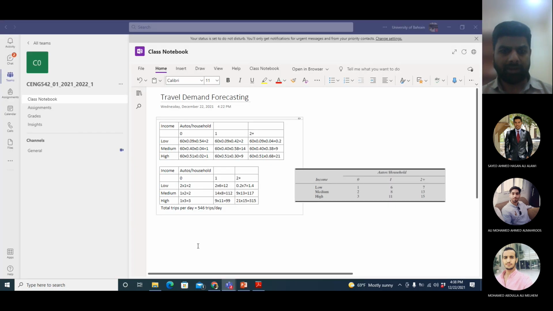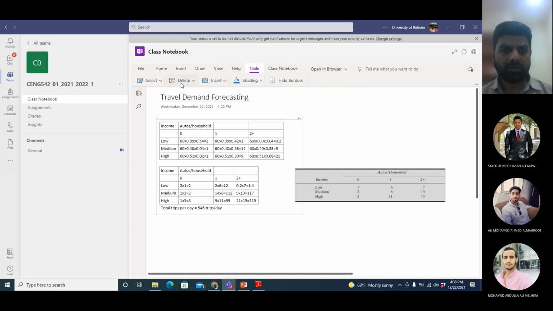So what they have done is they have calculated the total for each income category. If you take the total of this one, 2 plus 12 is 14, 15.4.